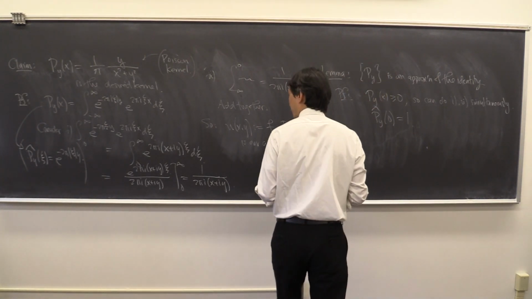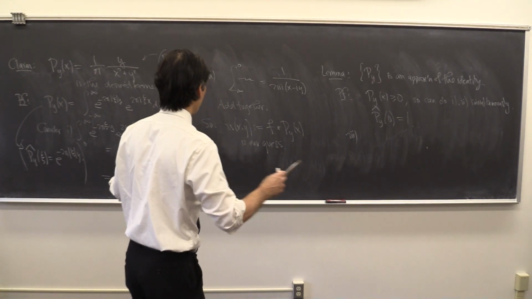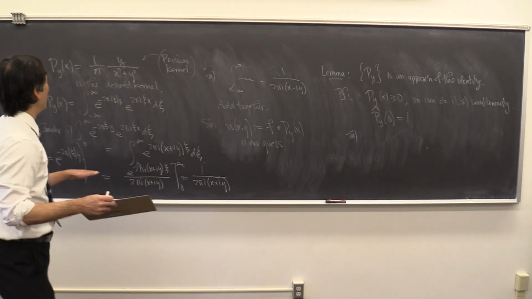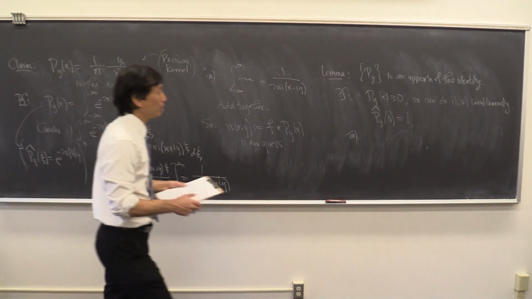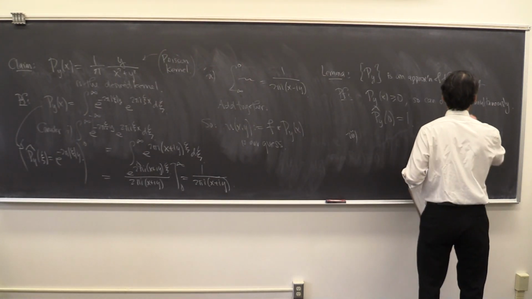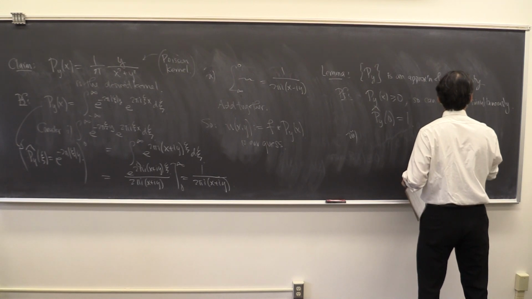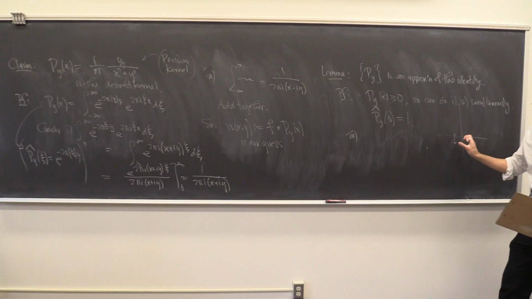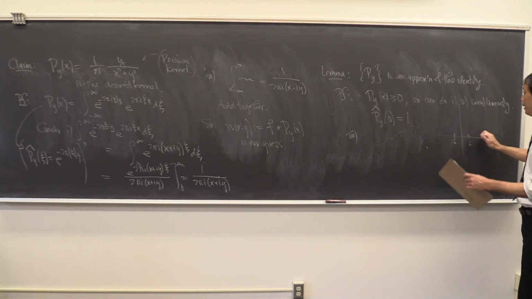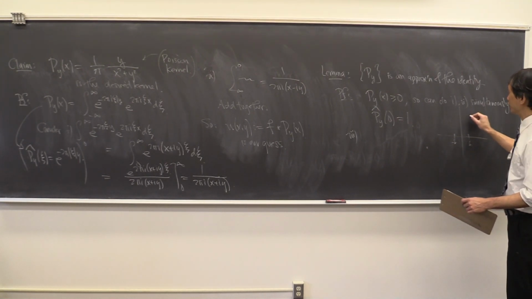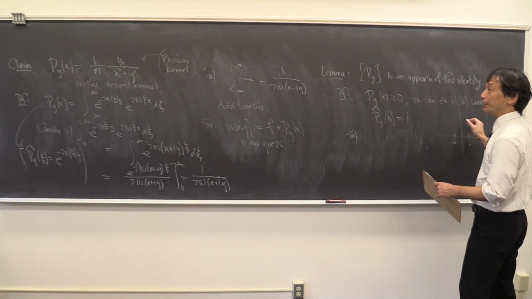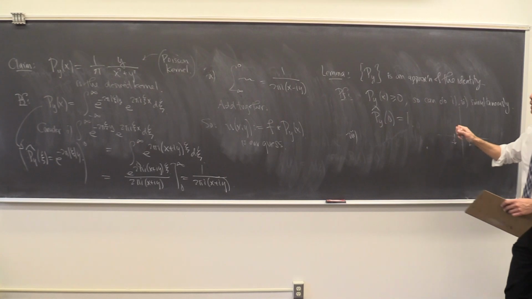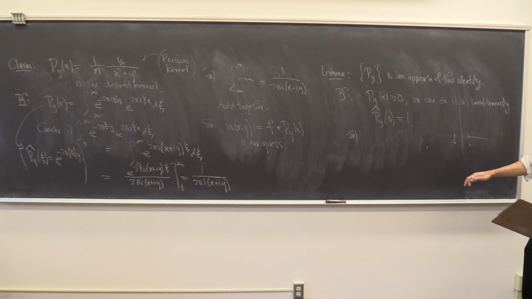As for part 3, you want to see that it's got this concentration quality. Remember what you're trying to show: given any delta, given any neighborhood of the origin, then outside of that neighborhood, the integral goes to 0 as y goes to 0.